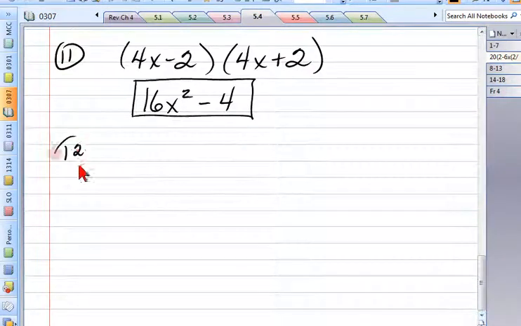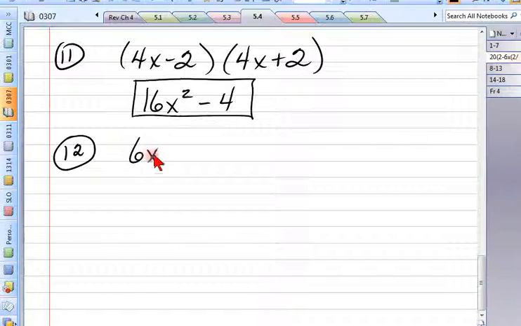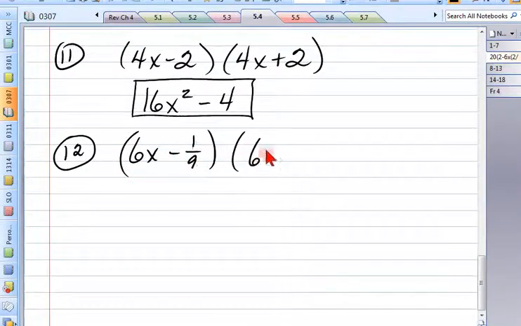Number 12. What if I had 6x minus 1/9 times 6x plus 1/9? I heard all those groans in this class. But the fact that this is a sum and difference product makes our work easier. What's the product of the first?